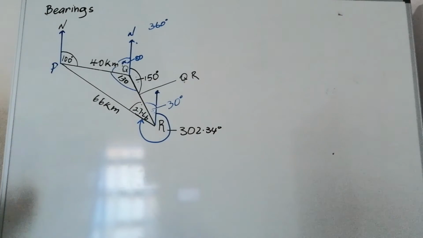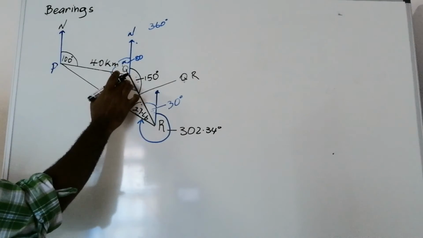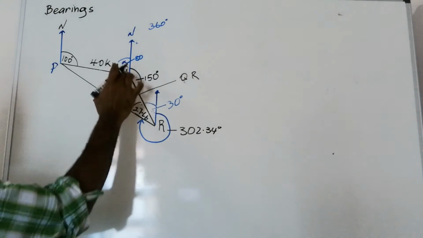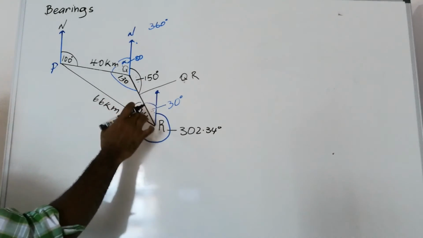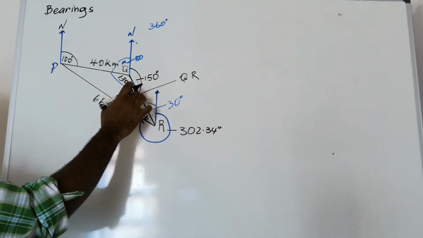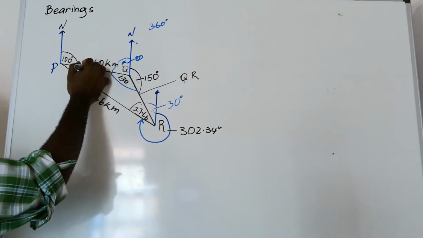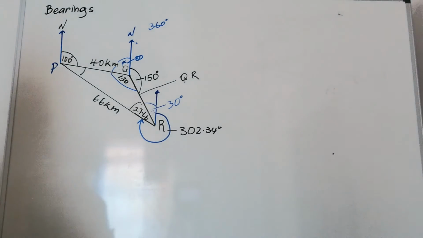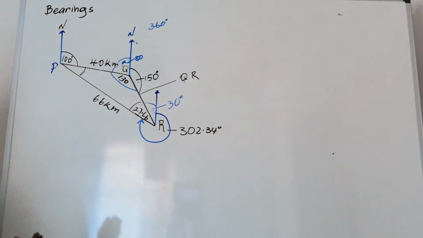Now, if we note that here, again, we have an angle, the side opposite. We need to know this side. If we can find the angle opposite the side, this angle here, we will be able to use our sine rule to be able to calculate the required side.